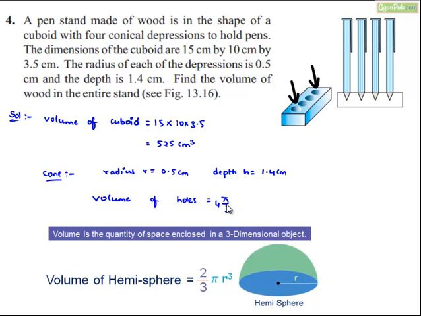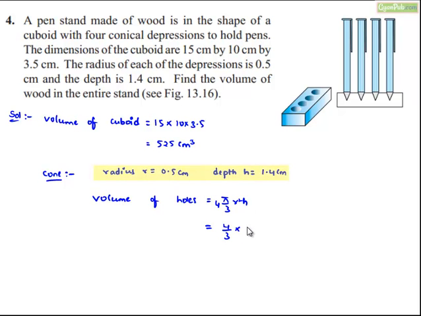Now the volume of the whole sections is equal to 4 times the volume of each cone, pi by 3 r square h, which is equal to 4 by 3 times 22 by 7 times r square is 0.5 into 0.5, that is half into half, into h is 1.4 centimeters. Here 7 goes in 1.4 0.2 times and 2 goes in 0.2 0.1 times, and 2 goes in 22 11 times.